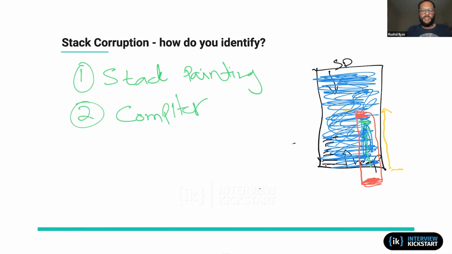And the way your compiler does this, let me quickly Google what it is called. It's called something like stack protector or stack usage.